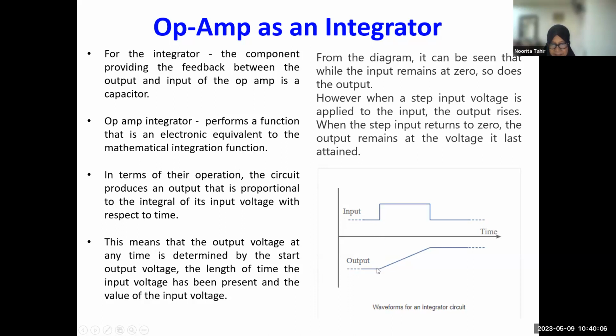So it starts here, still 0, and depending on the length of time the input voltage is present and its value, the output voltage will increase. And once the input goes to 0, it maintains the last value it attains.